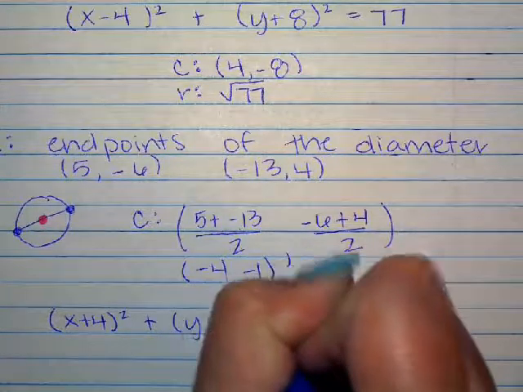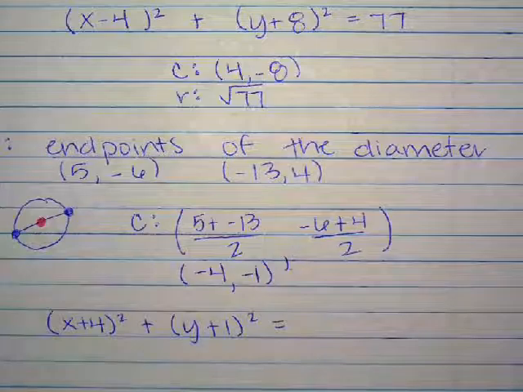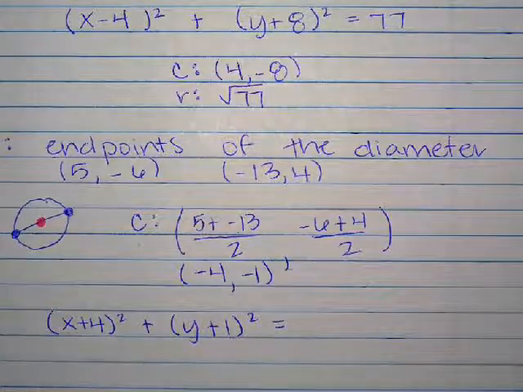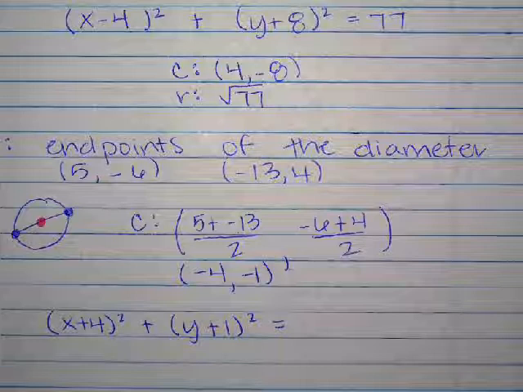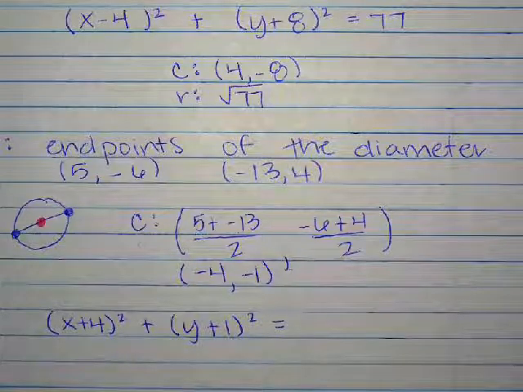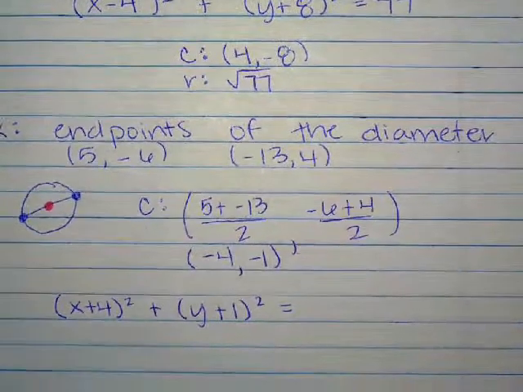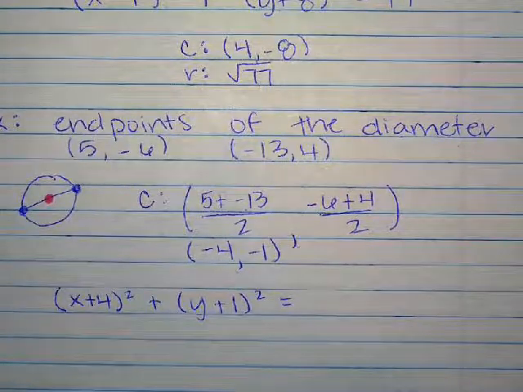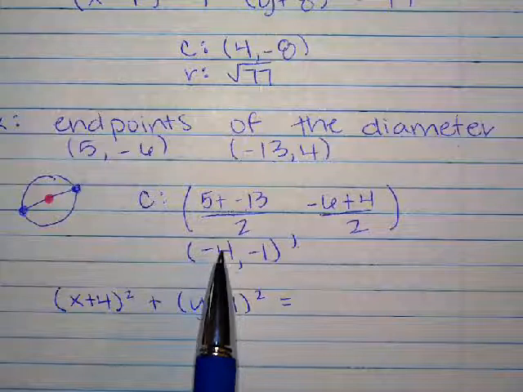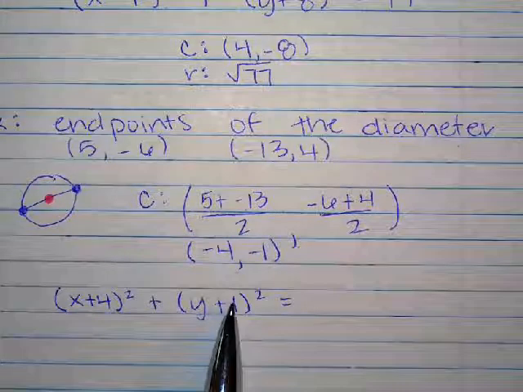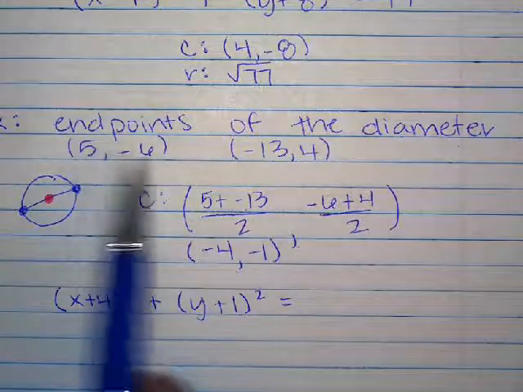Does anybody remember what do we do to get the r squared? So these are the h and the k, right? H and k. What are these?